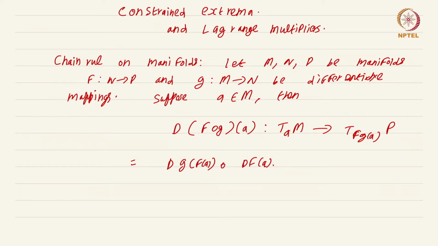Now the proof of this requires two exercises that I have given in the notes relating the tangent space to curves. So I'm going to take it for granted that you have solved these exercises, and let's give a proof assuming that.